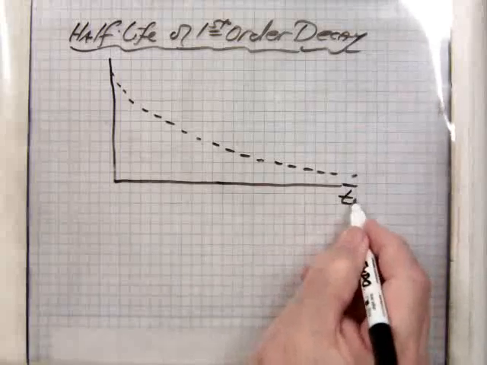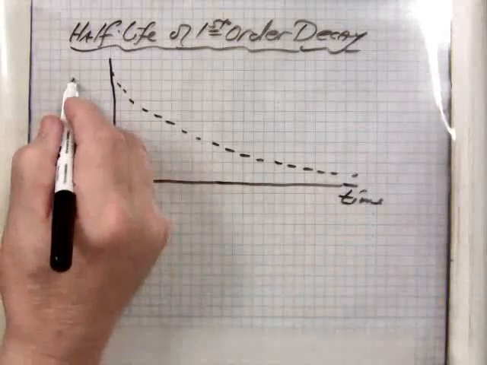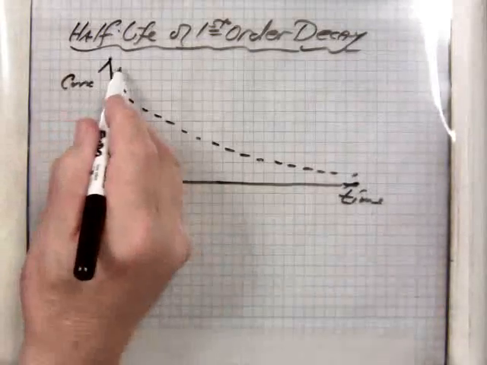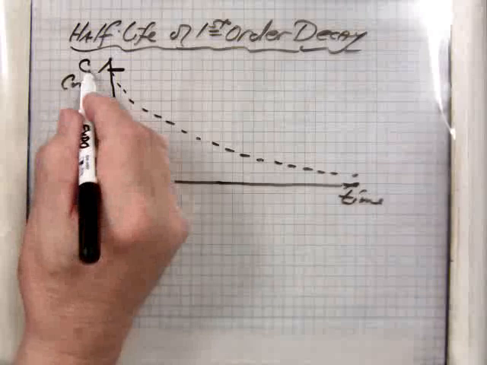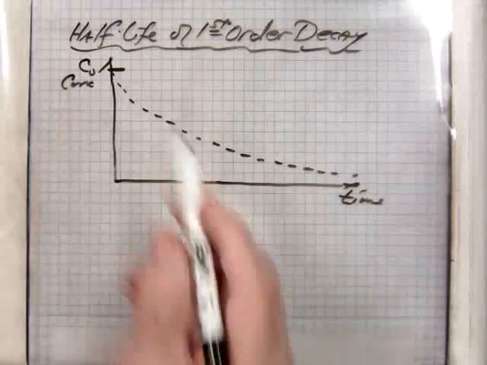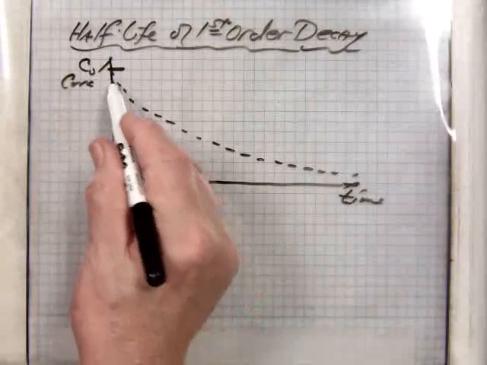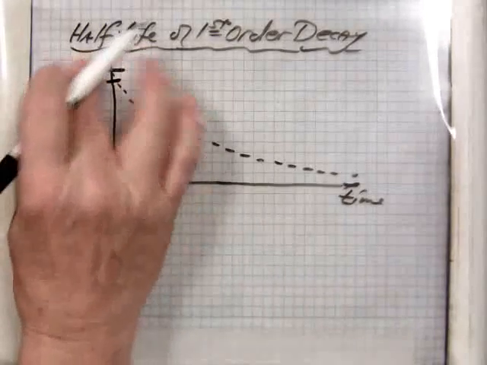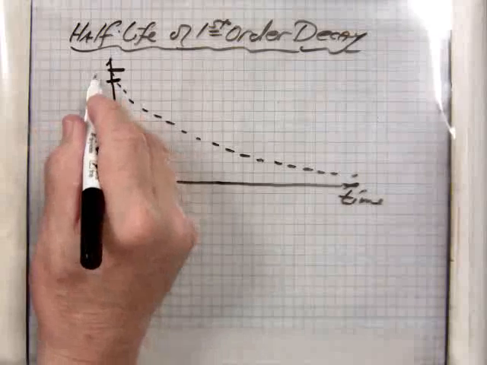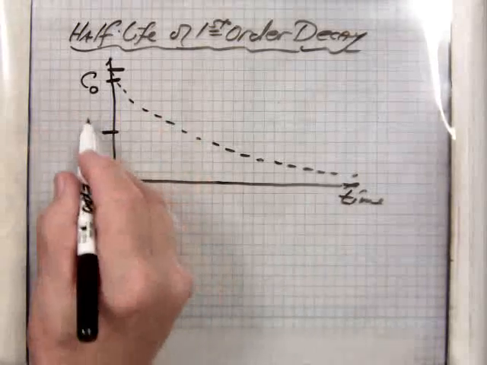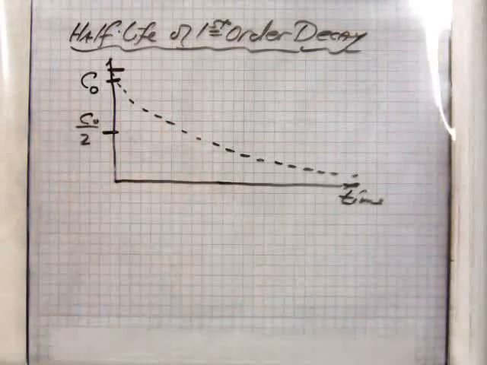Here we have time versus concentration. If this is the C sub O concentration, 1, 2, 3, 4, 5, 6, 7, 8, 9, 10, let's call that C sub O. This is C sub O over 2, obviously.